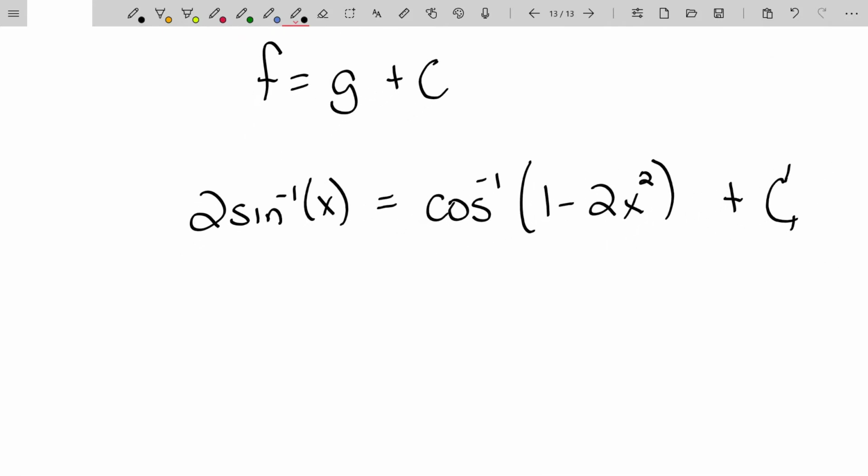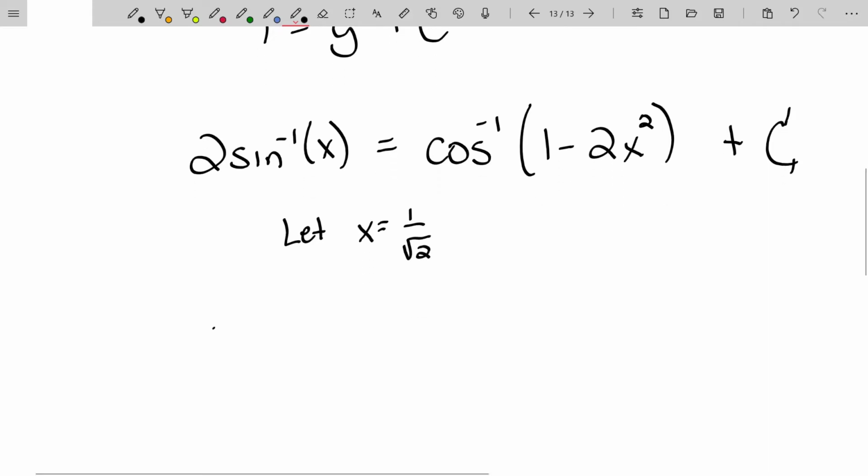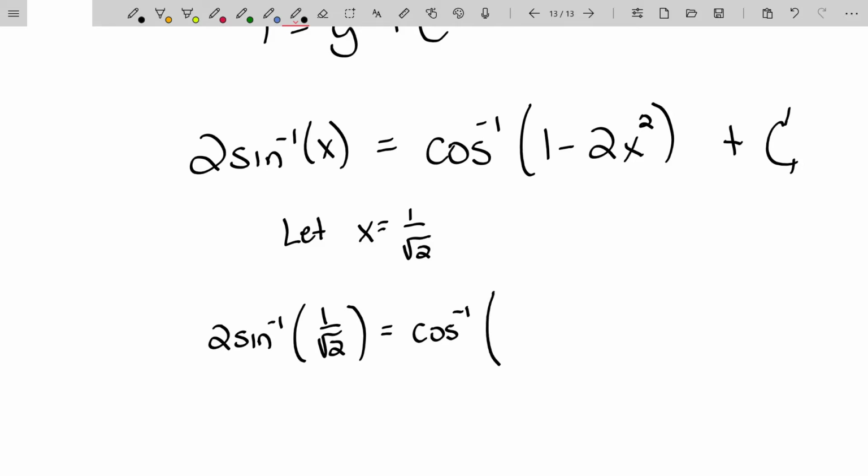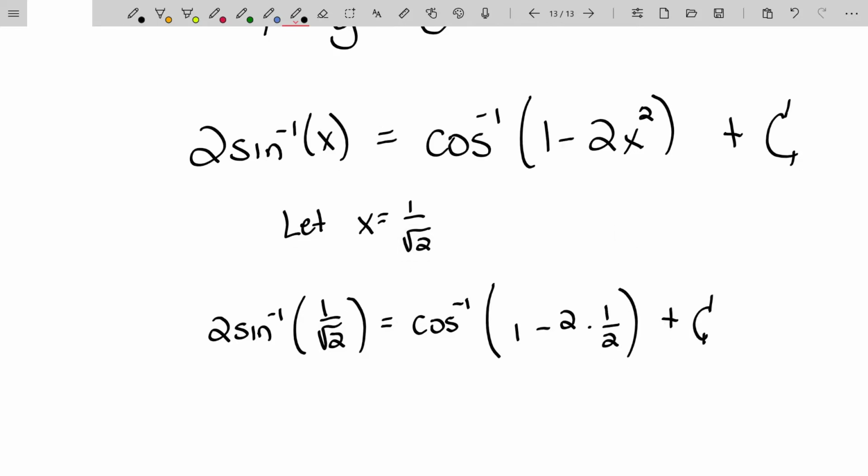You could choose any x value, but I'm choosing x equals 1 over root 2. So let x equal 1 over the square root of 2. And you'll get 2 sine inverse of 1 over root 2 is equal to the cosine inverse of 1 minus 2 times 1 over root 2 squared, which is times 1/2, plus c.